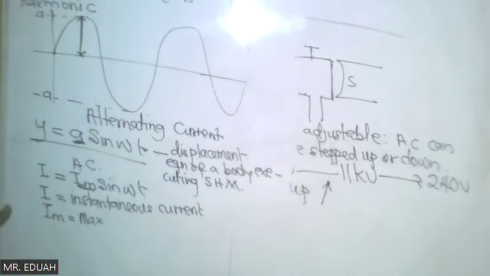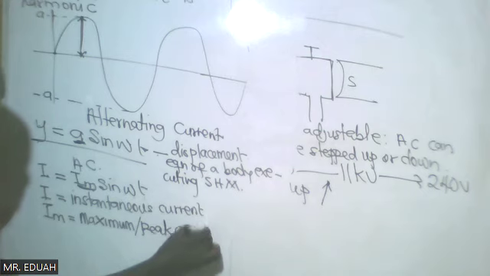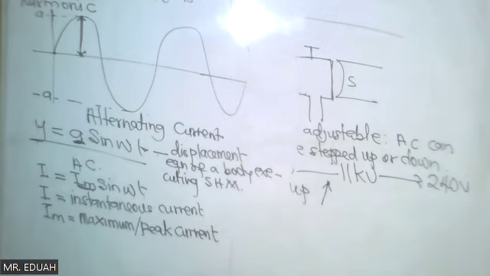The amplitude is the maximum displacement. So this is also known as the maximum or peak current. So either we call it the maximum or peak current.